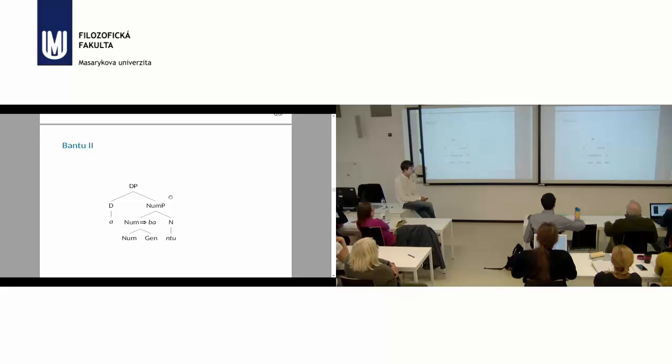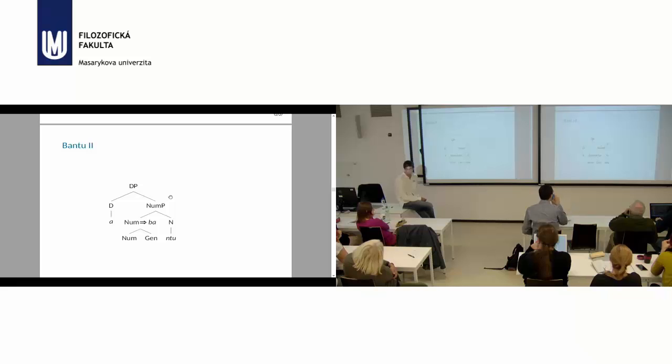But it looks like the hypothesis that there is something like definiteness, number and gender sitting somewhere outside of the nominal root, which really is not inherently specified for any of this, seems to be traceable to various languages, including the Bantu ones.